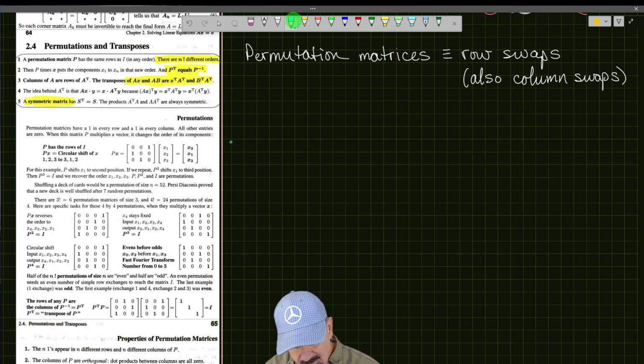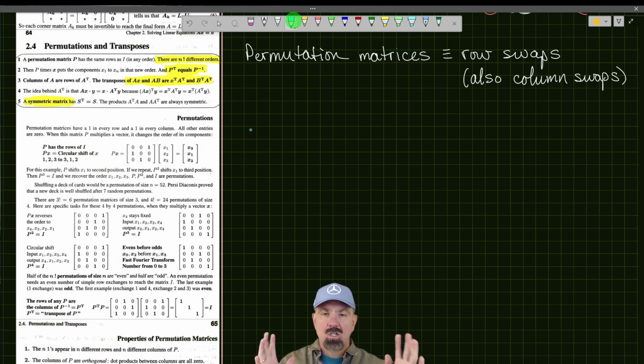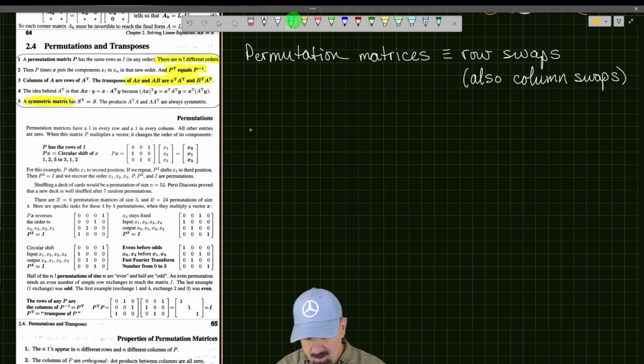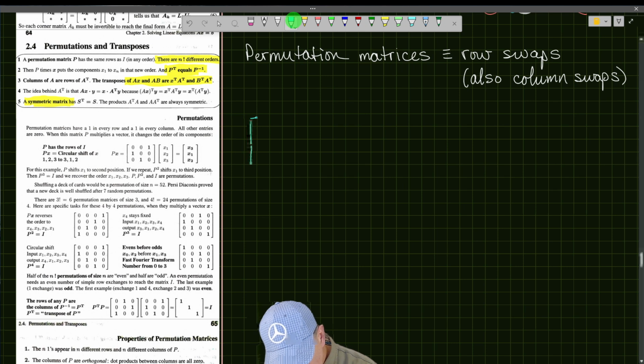First things first, what we do is we take the identity matrix and we do the permutation that we want, and then we apply that permutation matrix. So let me tell you what I mean. We're going to start with the identity matrix, something that looks like this.